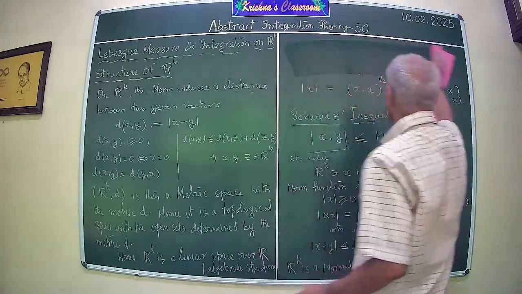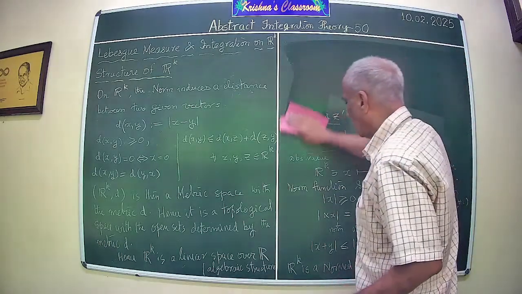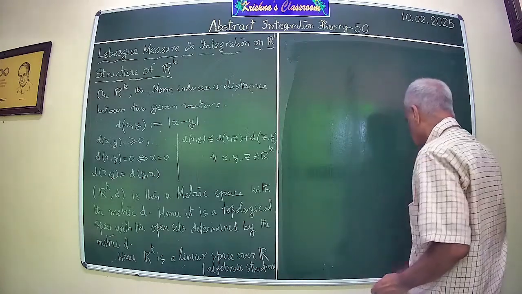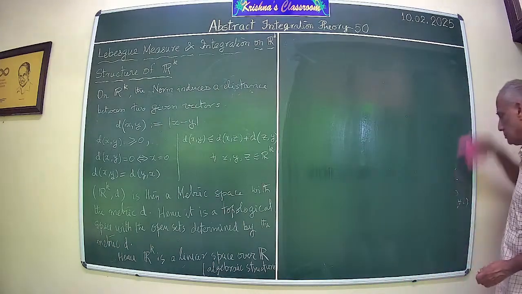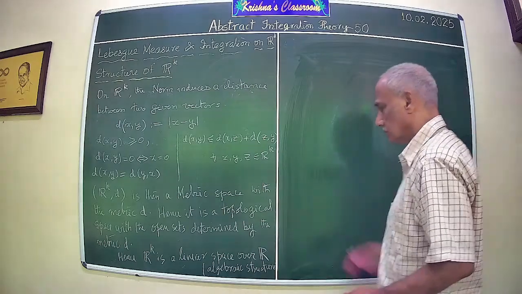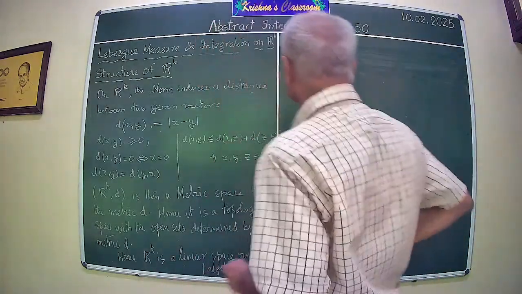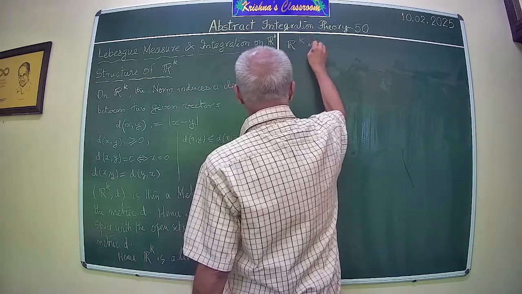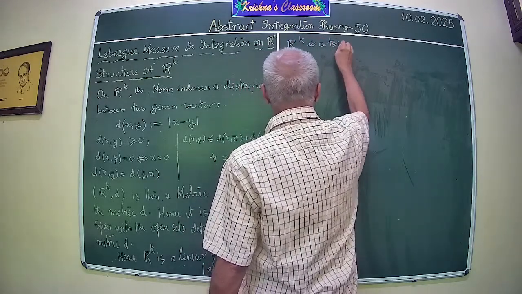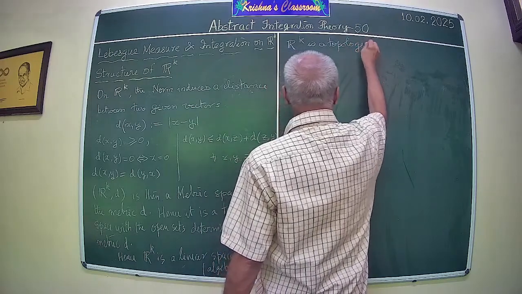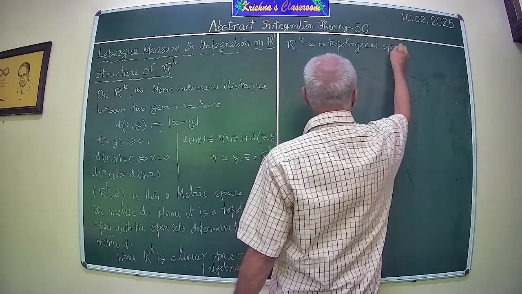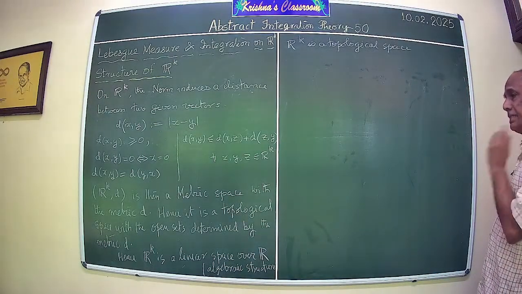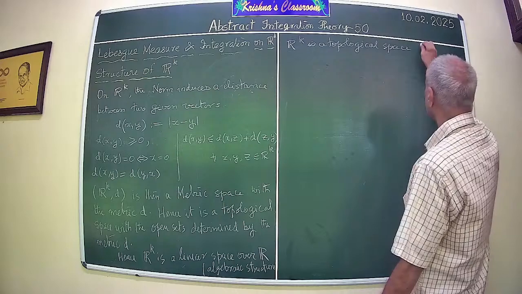Now it is also a topological space. R^k is a topological space.